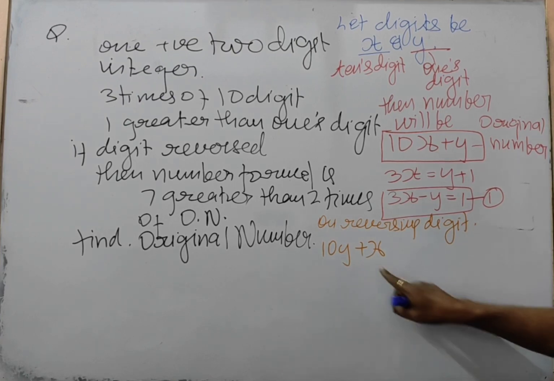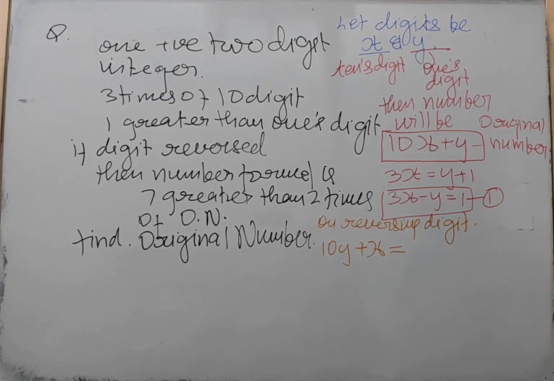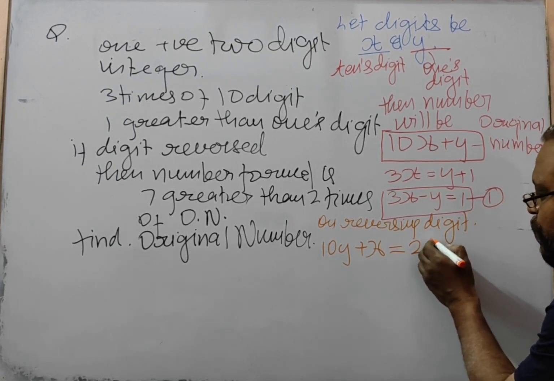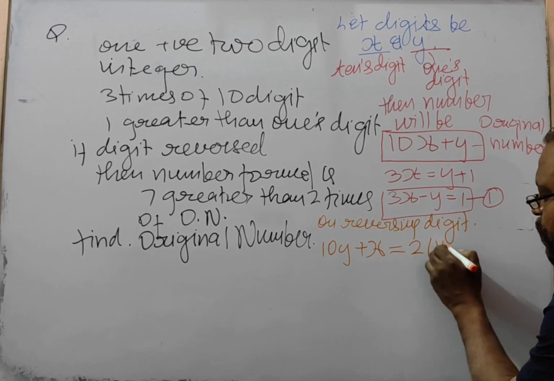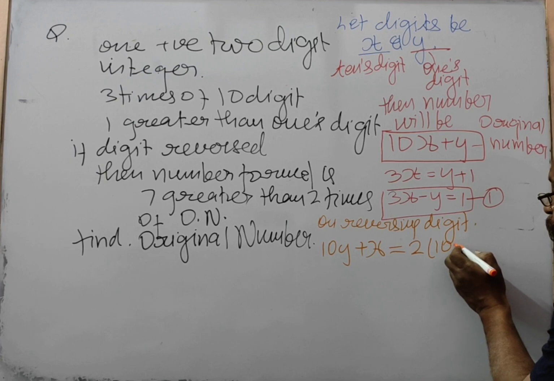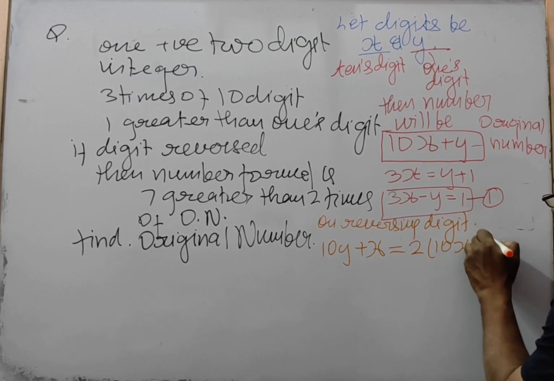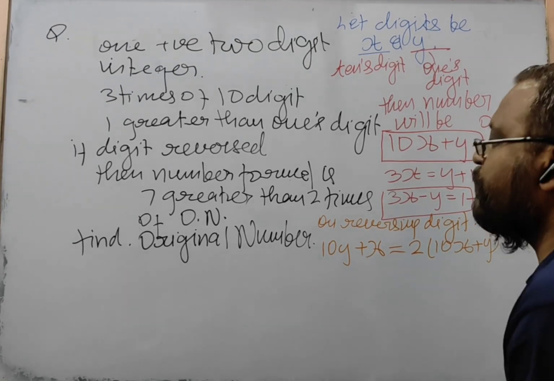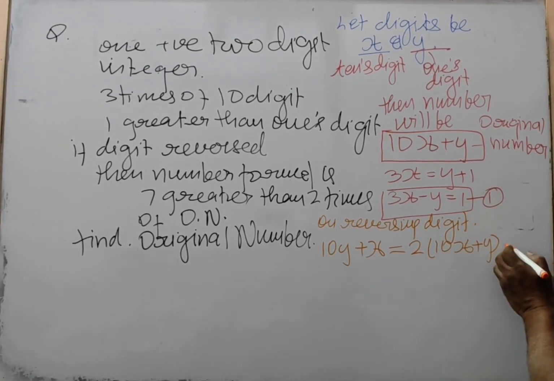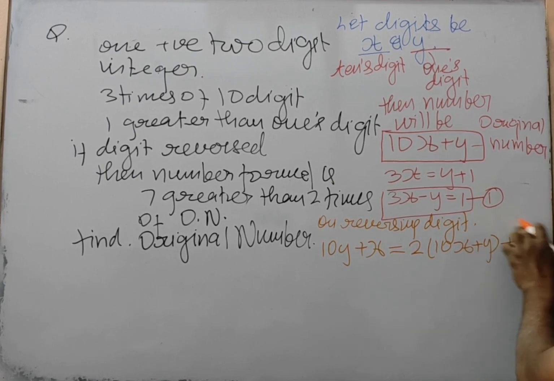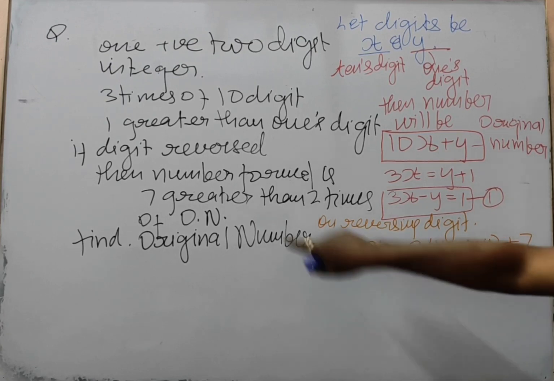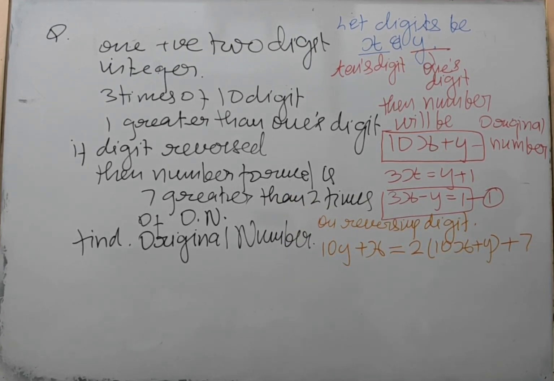So 10y plus x is equal to 7 greater than 2 times the original number. 2 times the original number is 2 into 10x plus y, plus 7, right? This is given. On reversing the digits, 10y plus x is equal to 2 times the original number, that is 10x plus y, plus 7.